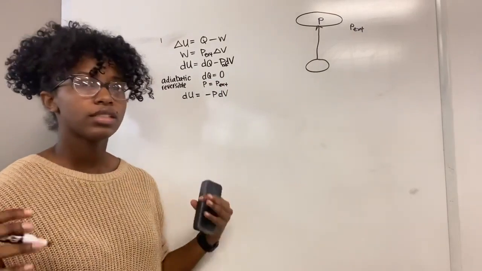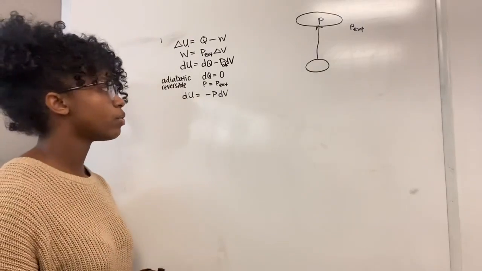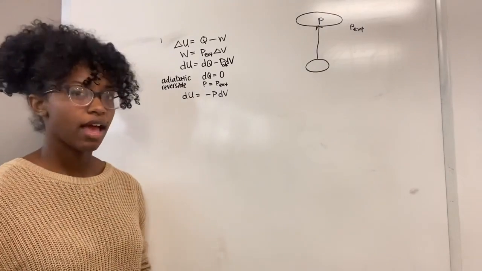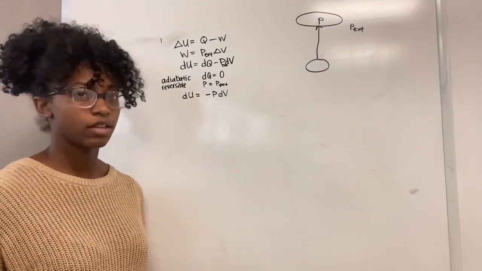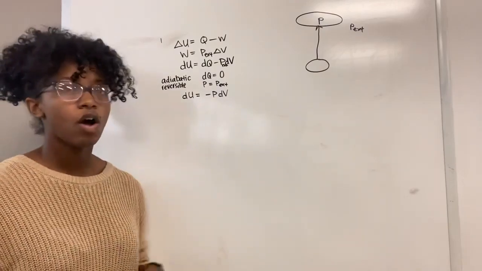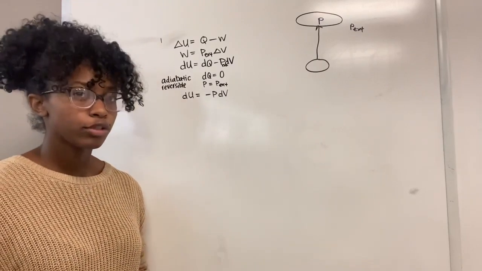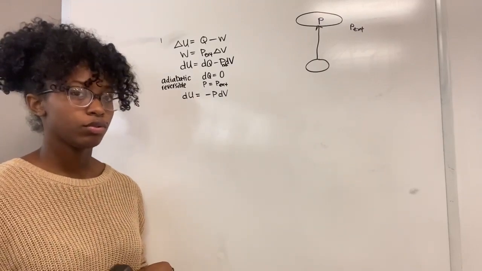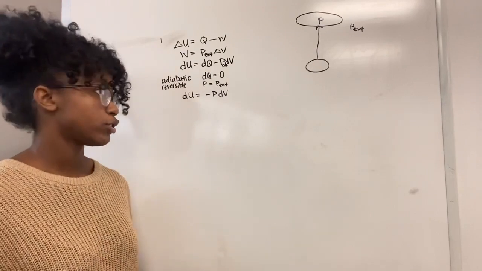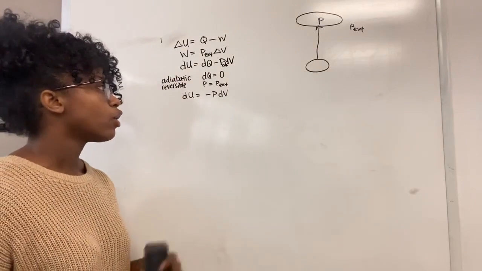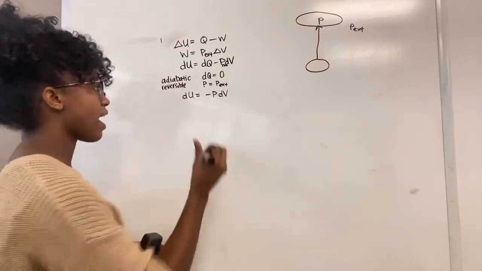And so since there is no heat added to the system or taken away from the system, we know that all of the changes in internal energy will be due to changes in temperature.